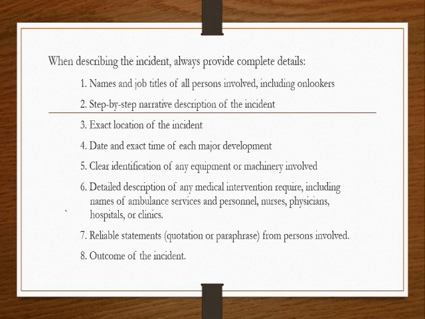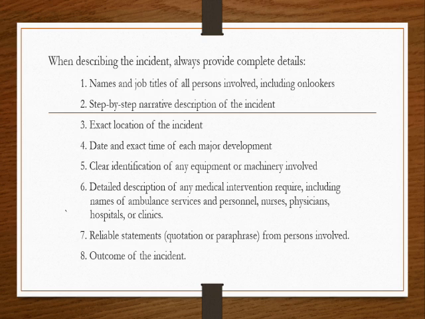Number 1. Names and job titles of all persons involved, including onlookers. Number 2. Step-by-step narrative description of the incident. Number 3. Exact location of the incident. Number 4. Date and exact time of each major development. Number 5. Clear identification of any equipment or machinery involved.